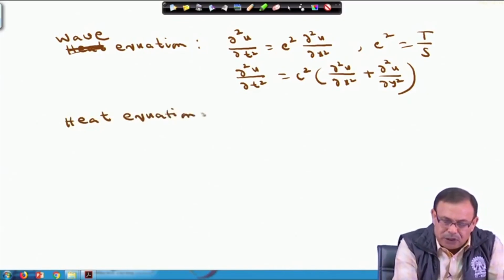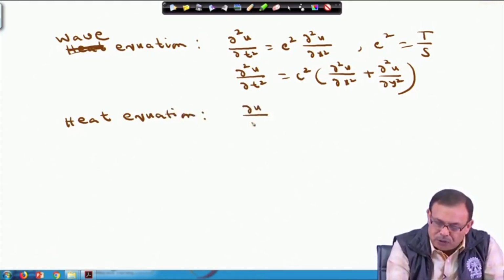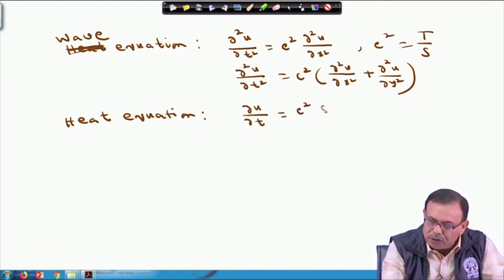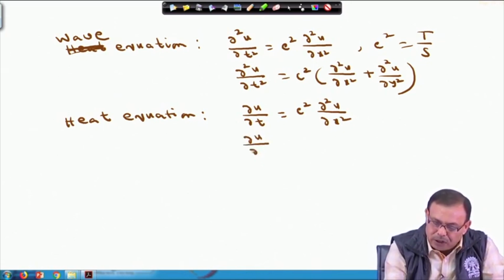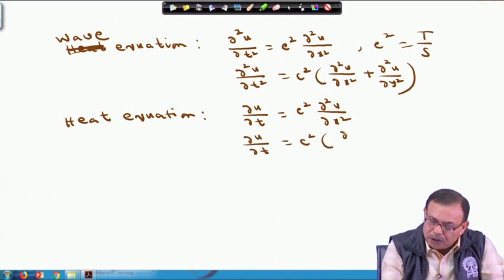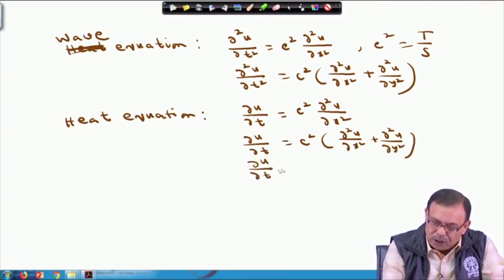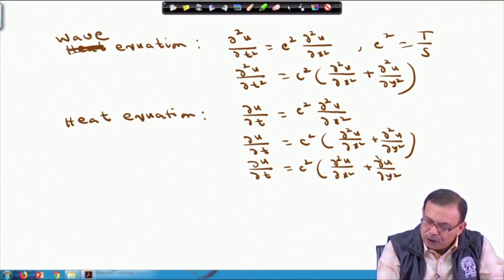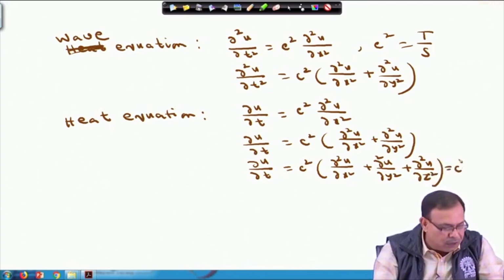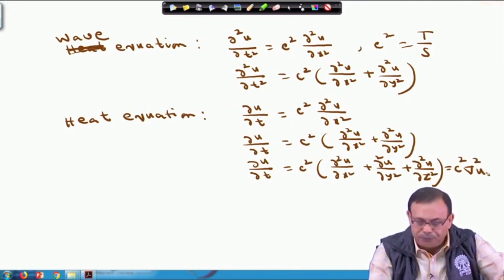Your heat equation takes the form ∂u/∂t = c² ∂²u/∂x², or you can write ∂u/∂t = c²(∂²u/∂x² + ∂²u/∂y²), or you can write ∂u/∂t = c²(∂²u/∂x² + ∂²u/∂y² + ∂²u/∂z²). This you can write as c² ∇²u.